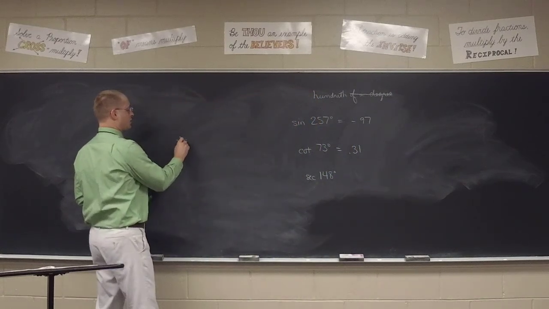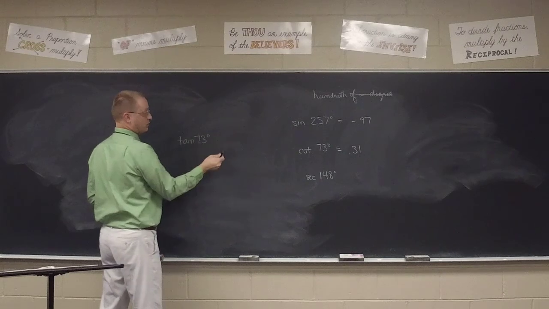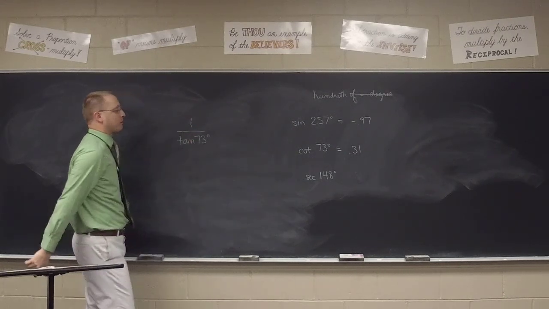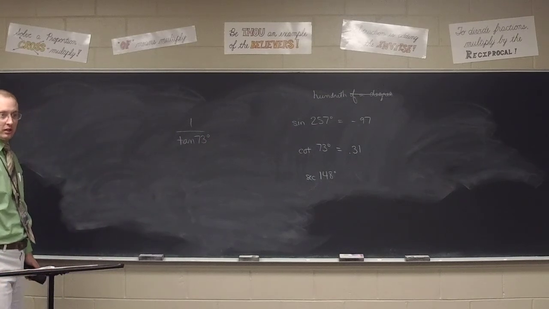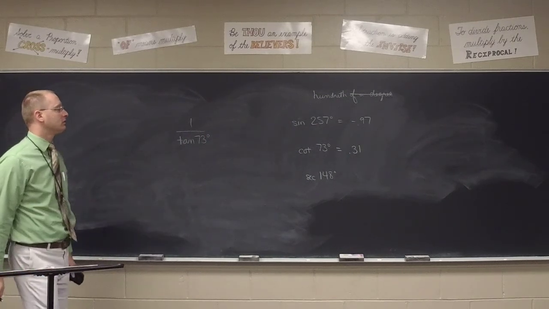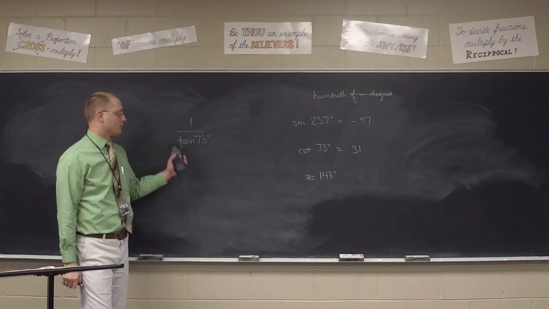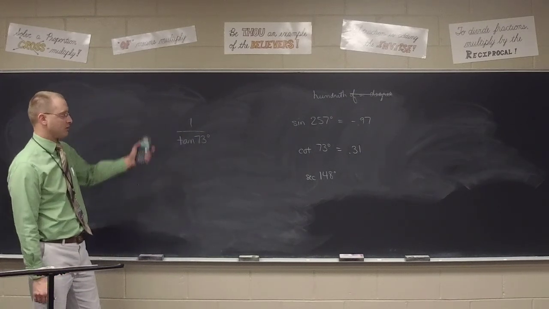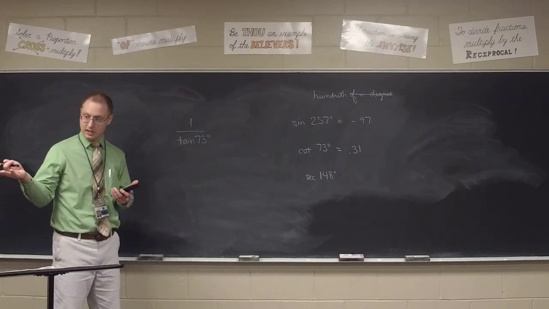So remember, you're going to take the tangent of 73 degrees, because you don't have a cotangent button, but then you're going to take the reciprocal of that. Cotangent of 73 is the reciprocal of the tangent of 73. So take the tangent of 73, then take the reciprocal. Now do we have 0.3057?